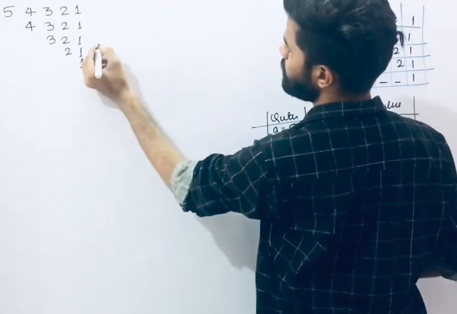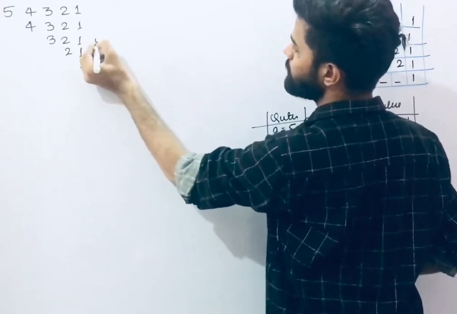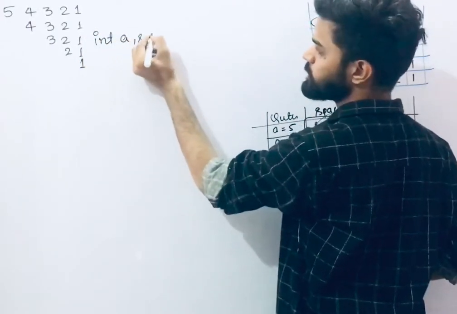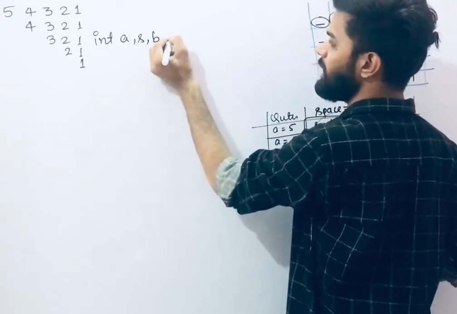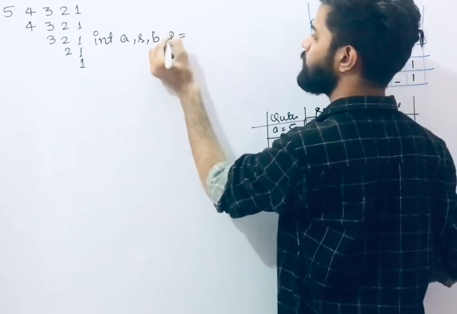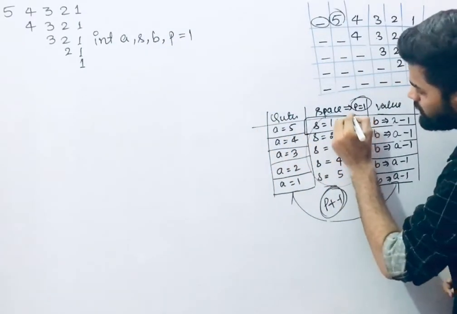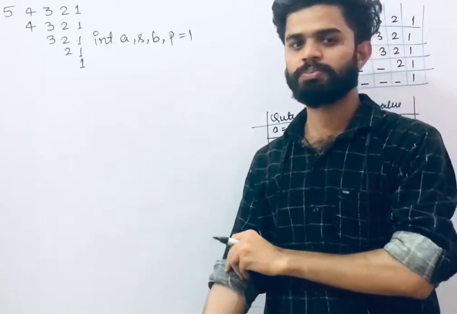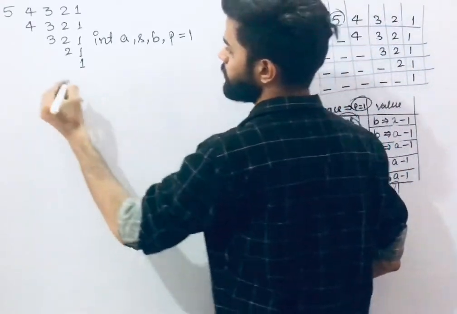See class, we start by creating variables: int a for the outer loop, s for space, b for values, and here I am writing p equals 1 for printing the spaces. So let's continue.